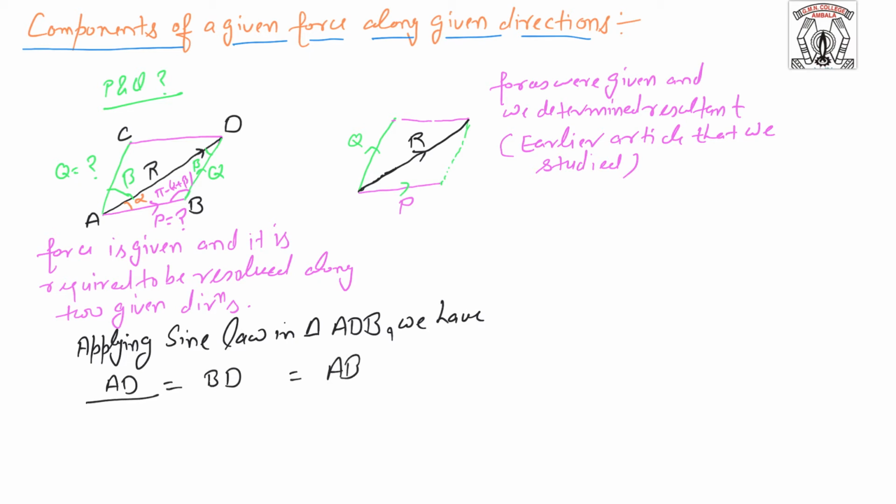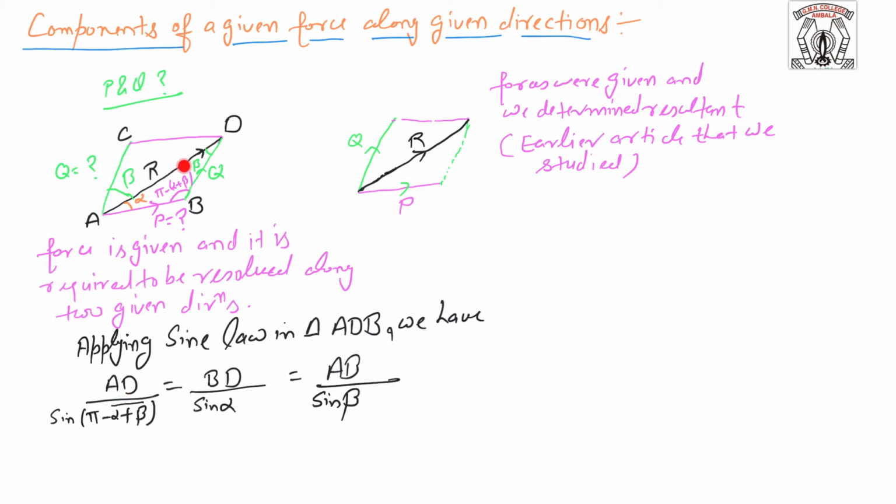AD divided by sine of its opposite angle, which is pi minus (alpha plus beta); BD, opposite to which is angle alpha, so sine alpha; AB, and the angle opposite to AB is beta, so sine beta. Fine.